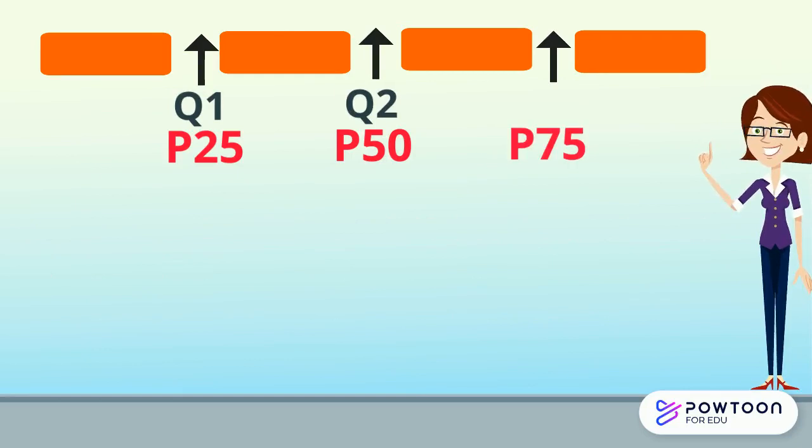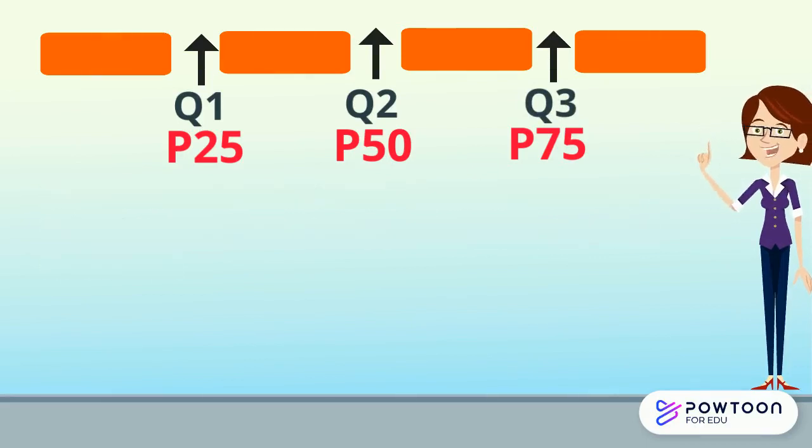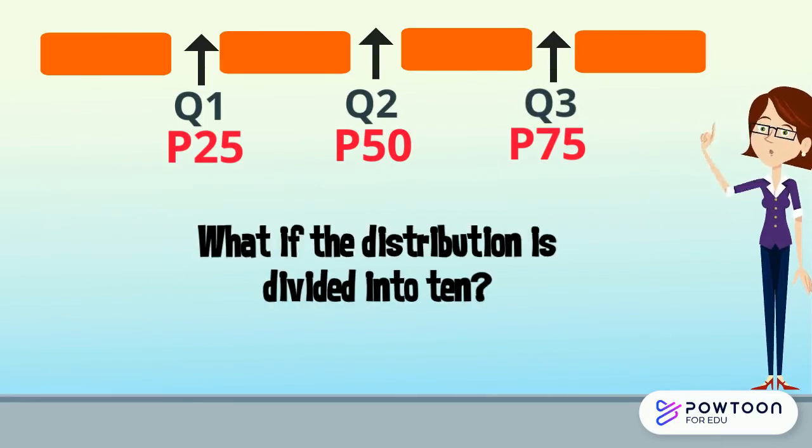In the 75th percentile, 75% of the data has a value of less than or equal to the 75th percentile and has the same value with the third quartile. That is when the distribution is divided into 4. What if the distribution is divided into 10?